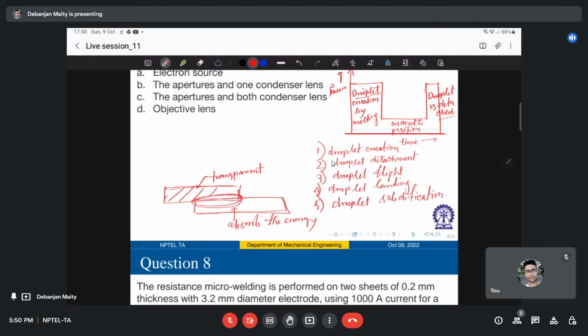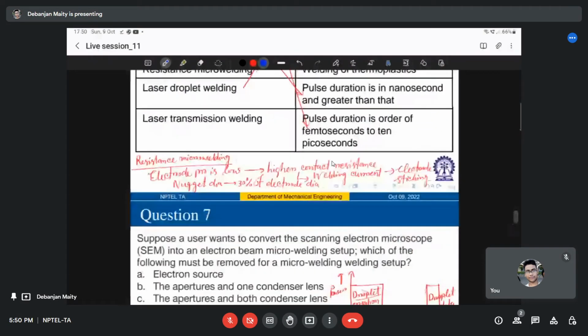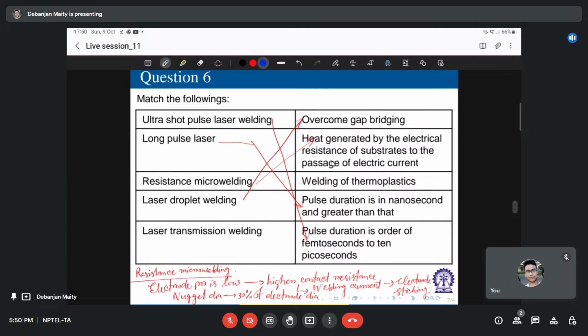The most common and best absorbing additive that people mostly use is carbon black, doped at a rate of about 0.5%. Okay. So in laser transmission welding, it's mainly used for welding of thermoplastics.